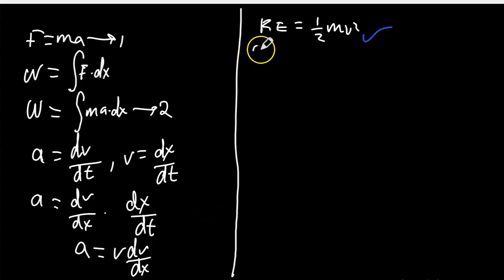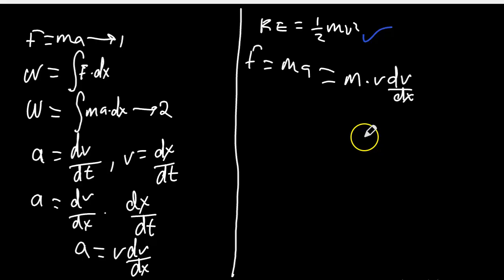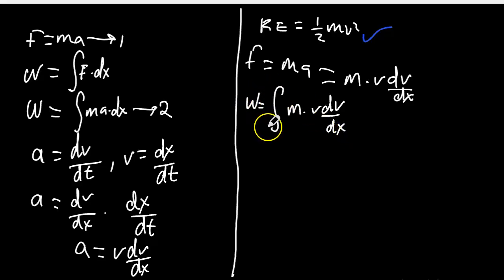But we know that F is simply ma, so putting this in our integration, we will have m v dv/dx. So from equation 2, we have the integral of m v dv with respect to dx, which represents the work done of the system.